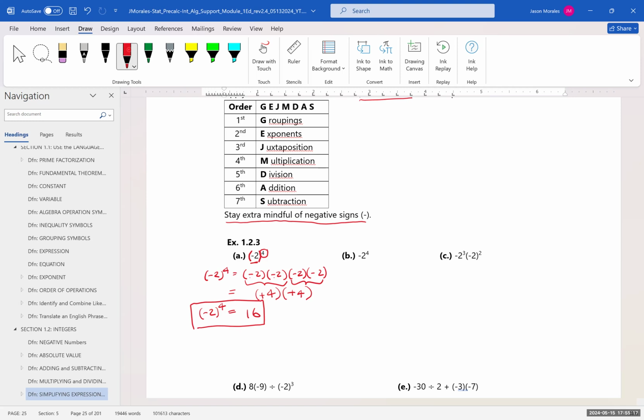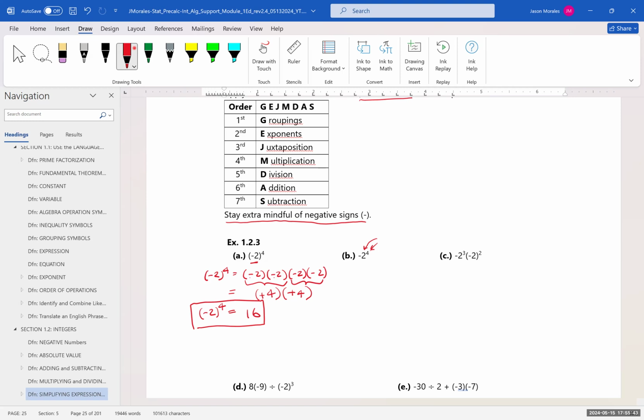Now, this next example, part B, looks very similar to part A. But notice the difference here is that in part A, there was a pair of parentheses, and in part B, there are not. So what this means is that this exponent of 4 is being applied to the 2 only, not the negative as well.